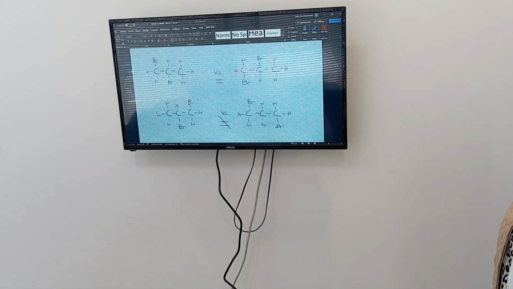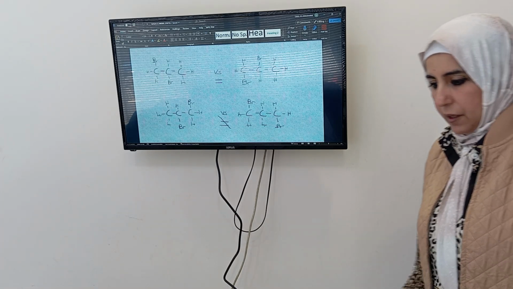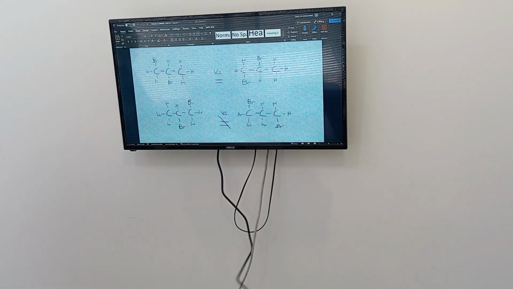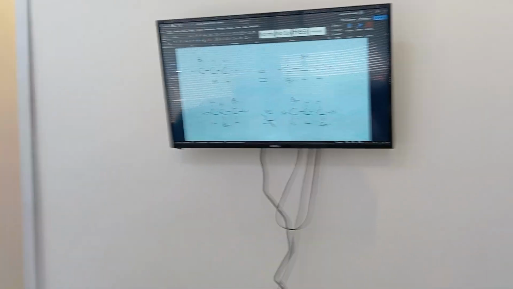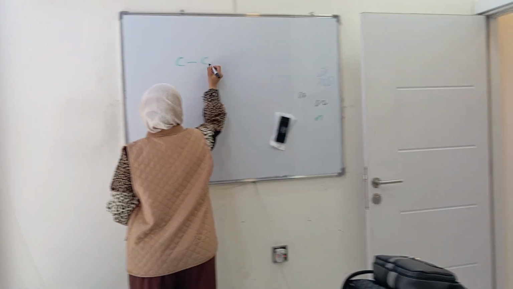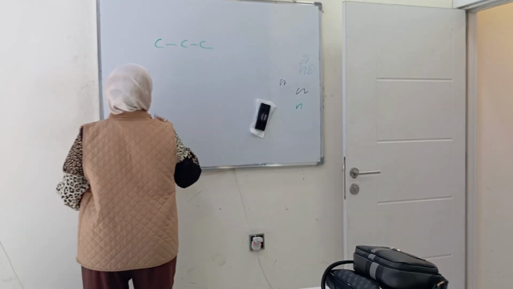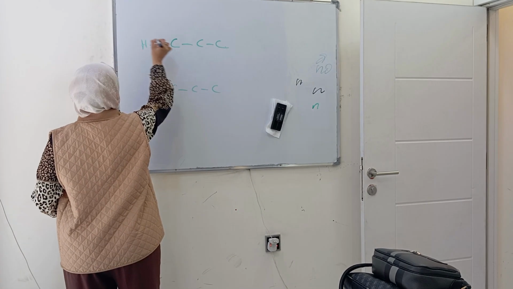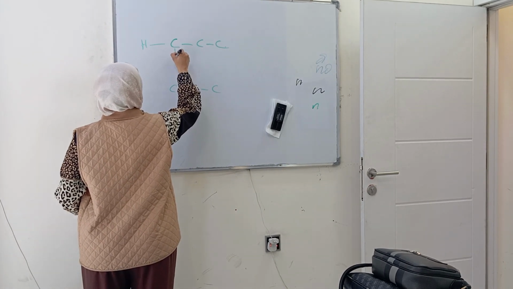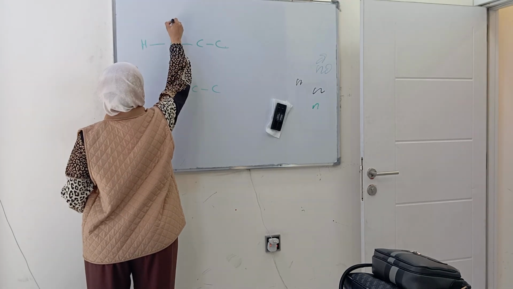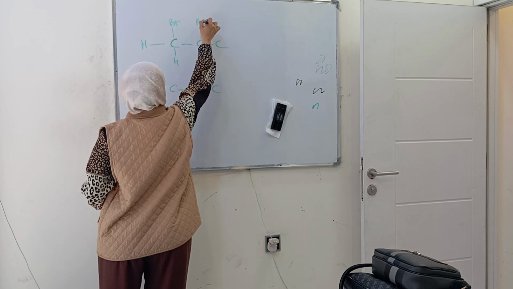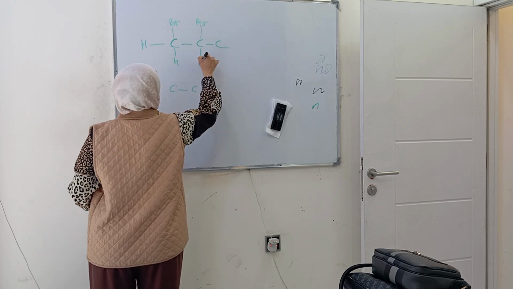We can make a possibility of connection. For example, we have three carbon atoms, and here hydrogen, hydrogen and bromine. Here, bromine and hydrogen.